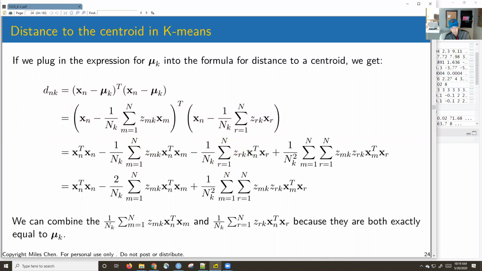So both of these things are exactly equal to xn times mu sub k, so I can combine them together. So I get 2 over n sub k, and then we'll leave this as is. So I'm just combining the two middle terms here. It's a bit of a mess, but what we're doing is converting this into a product. We're just expanding this out here.